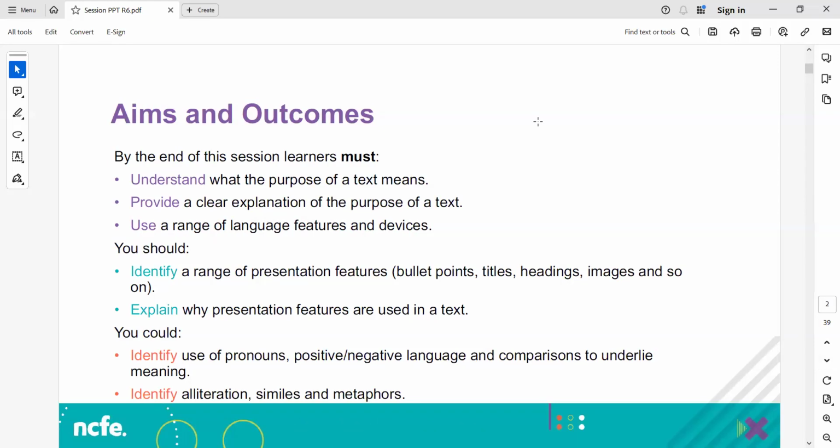Explain why presentation features are used in a text. You could identify use of pronouns, positive and negative language, and comparisons to underlie meaning, and identify alliteration, similes, and metaphors.